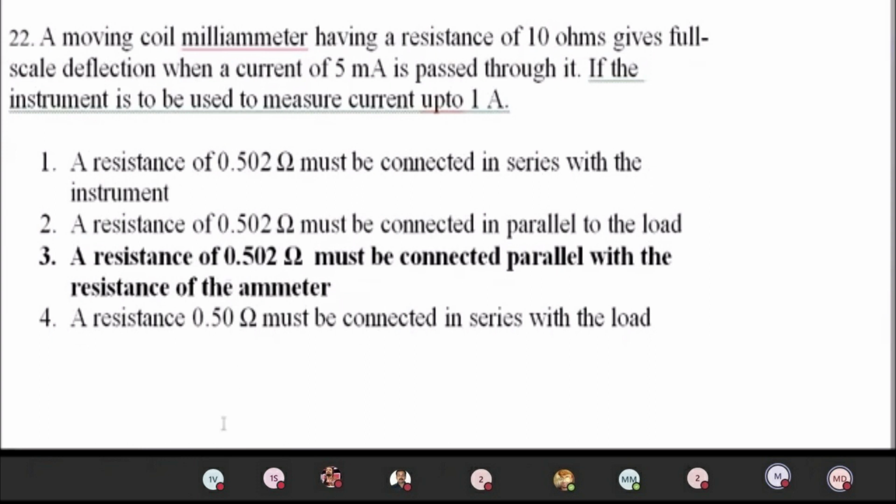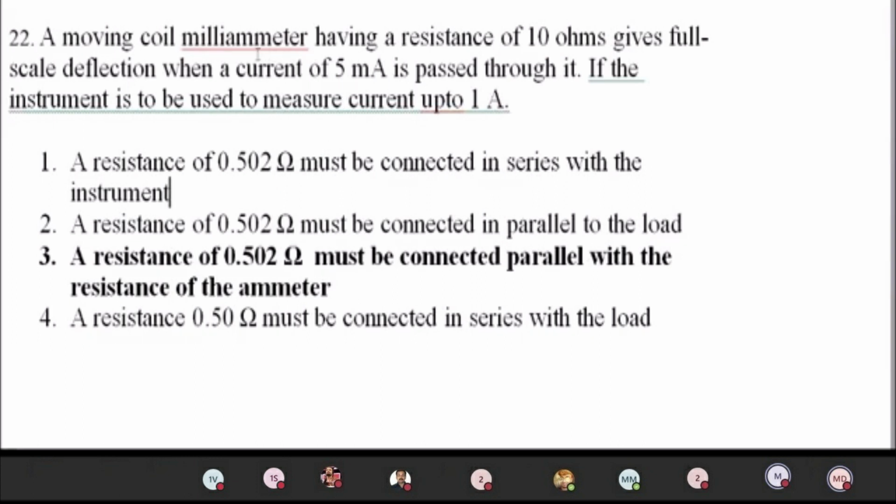Okay, you can see the next question. Again, this will be quite a different one when compared to previous questions what we have discussed. A moving coil milliammeter having a resistance of 10 ohms gives full scale deflection when a current of 5 milliampere is passed through it. If the instrument is to be used to measure current up to 1 ampere.